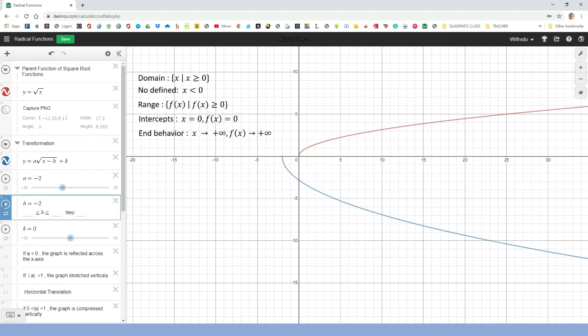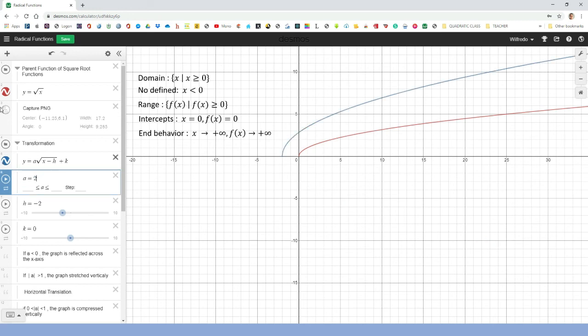What happens now if a is positive? I'm going to change a to positive 2. The function is positive, but I move the function 2 units right. Then, I'm going to change another parameter. For example, this function, a is positive 2.